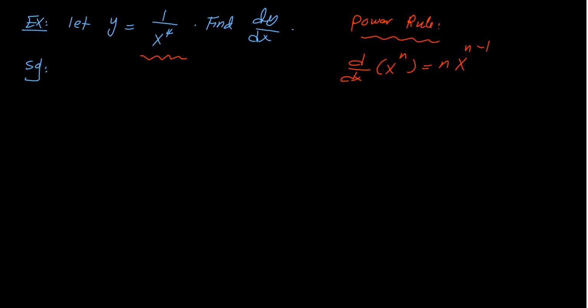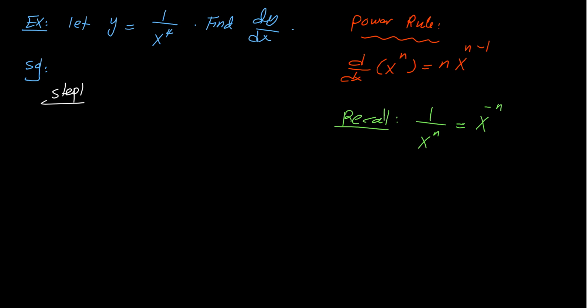What I have here is not x to the power n. It's 1 over x to the power n. We need to fix it. From basic algebra, we know that 1 over x to the power n is the same as x to the power negative n. We can use it for sure.